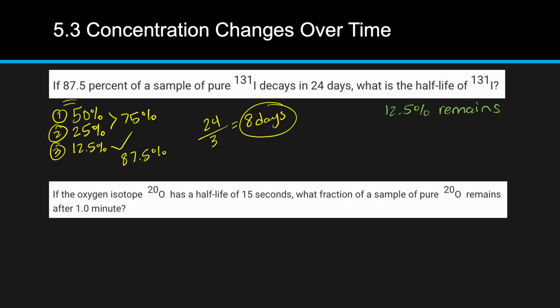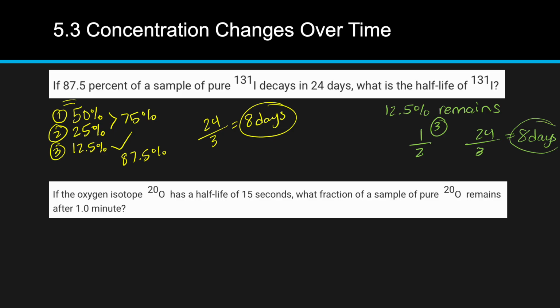And 12.5% is going to be equal to one half raised to the third power, which means 3 half-lives have passed. And so if we take our 24 days and divide that by our 3 half-lives, again, that's going to give us 8 days for each half-life.